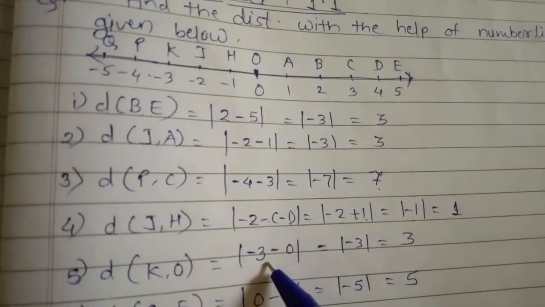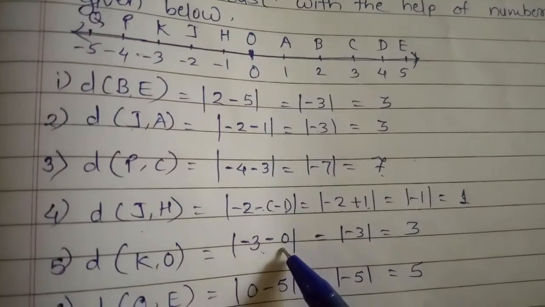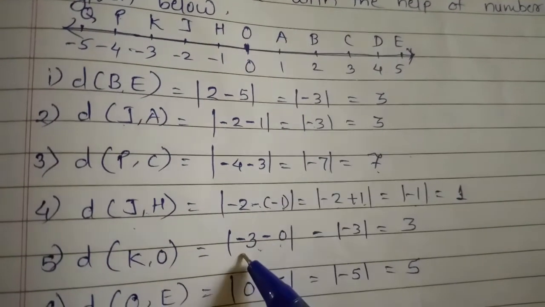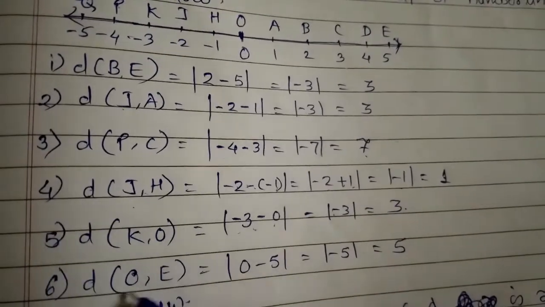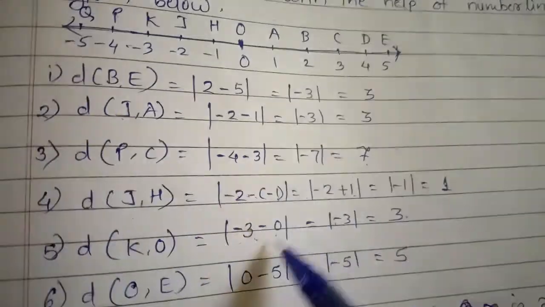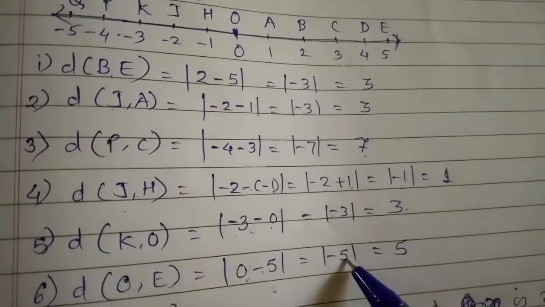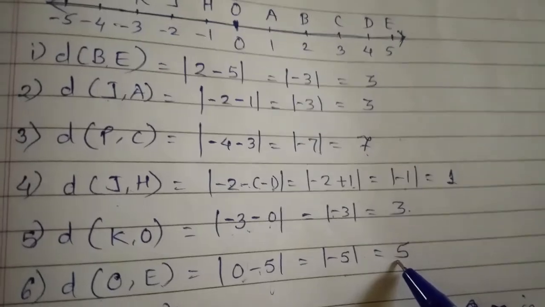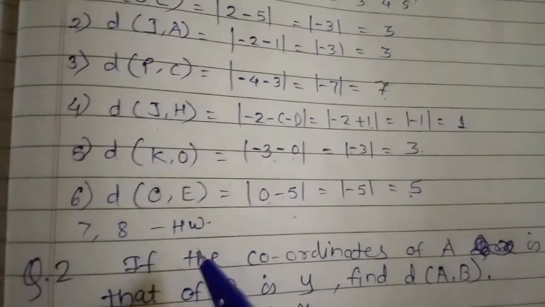The coordinate of K is -3 minus the coordinate of O, which is 0. So -3 is as it is, and the answer is 3. Next one, OE. The coordinate of O is 0 minus the coordinate of E, which is 5. So the answer is -5 and the final answer is 5. And similarly you have to solve examples number 7 and 8.